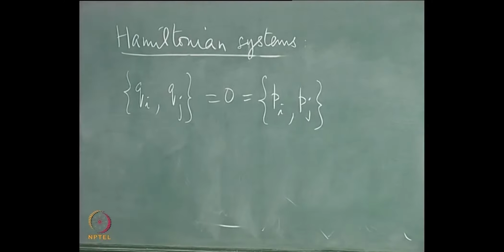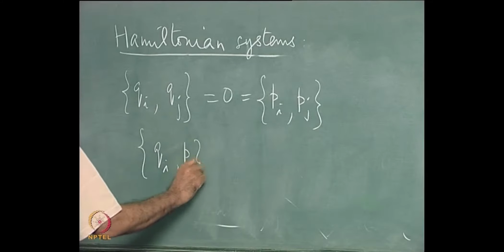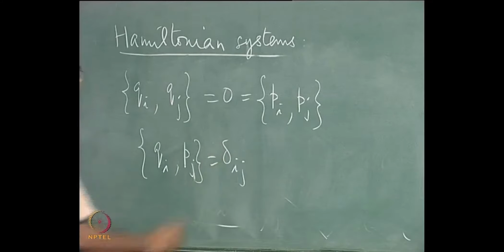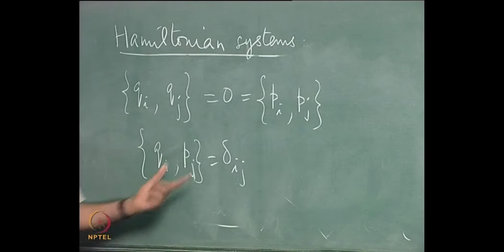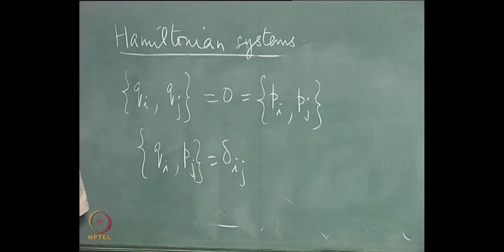We also have qi with pj equal to the Kronecker delta ij, and that was the case in which we said a generalized coordinate q and a generalized momentum p are canonically conjugate with each other provided that q with that corresponding p has a Poisson bracket which is equal to unity on the right hand side. These were the standard basic canonical Poisson bracket relations defining a Hamiltonian system.